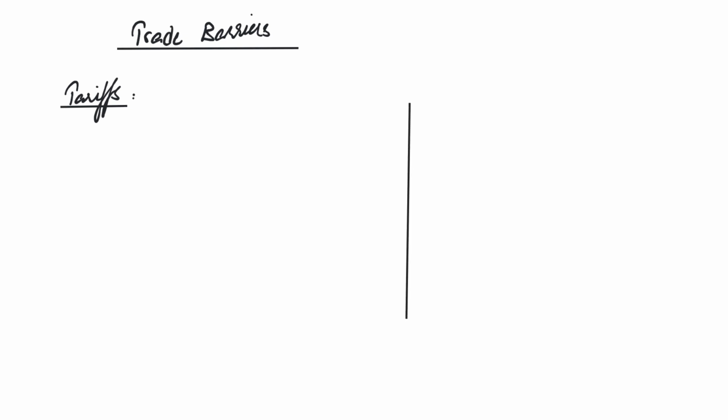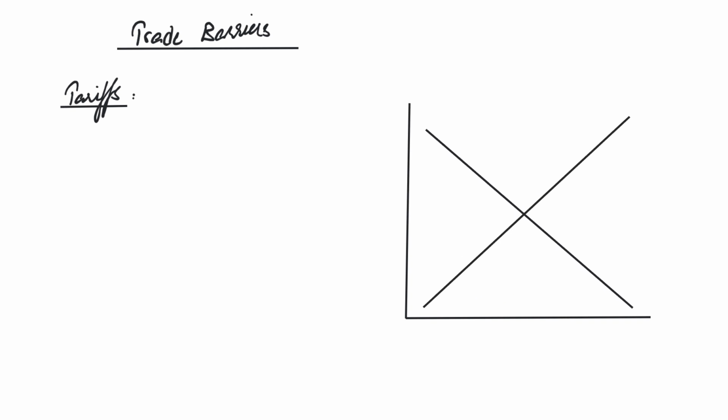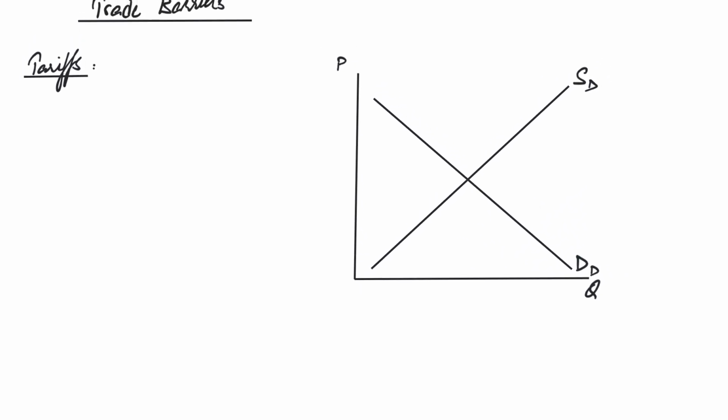So the way the diagram goes is like this. So I'll make demand, supply, price, quantity. Demand के साथ I'm marking a small d, supply के साथ I'm marking a small d as well.